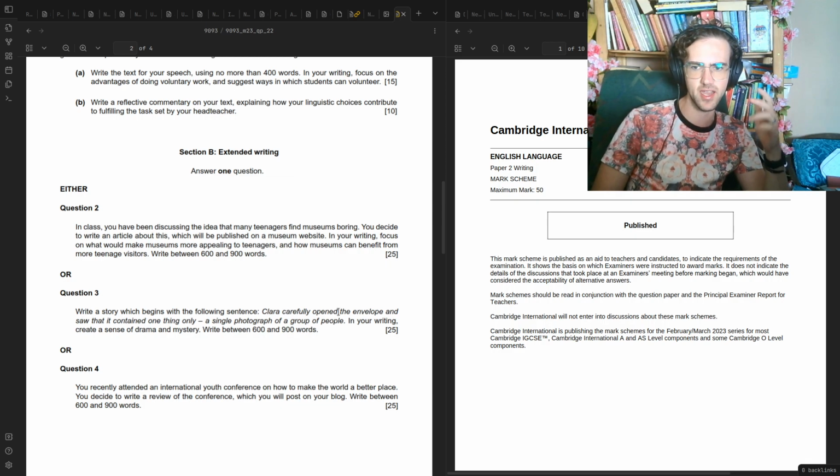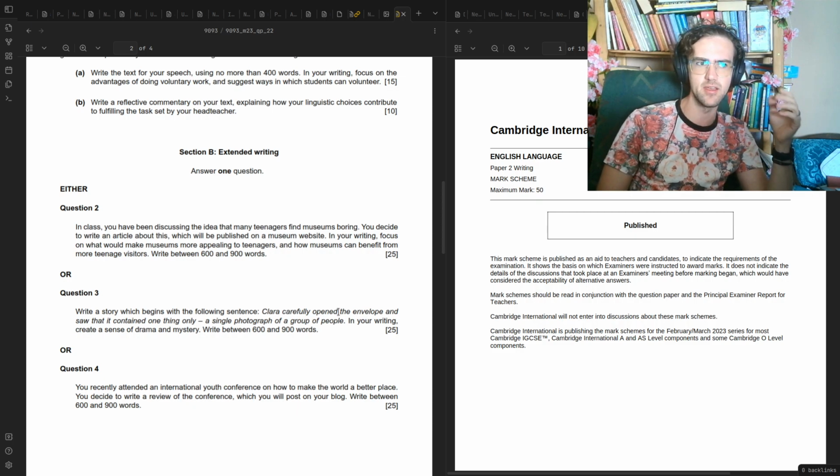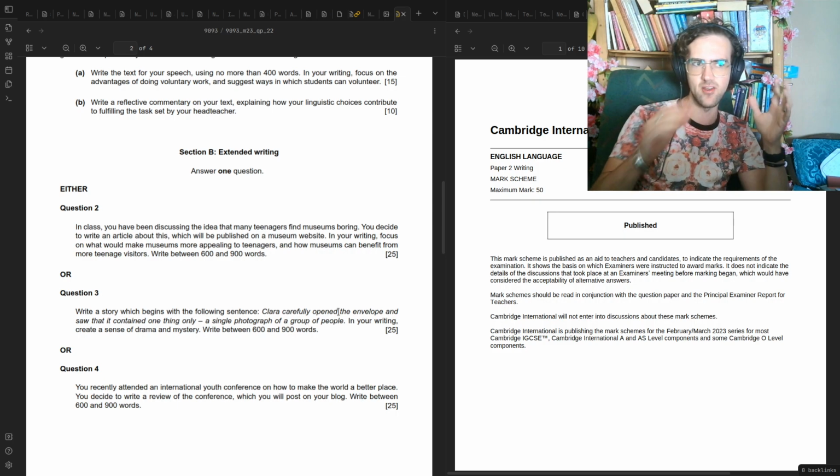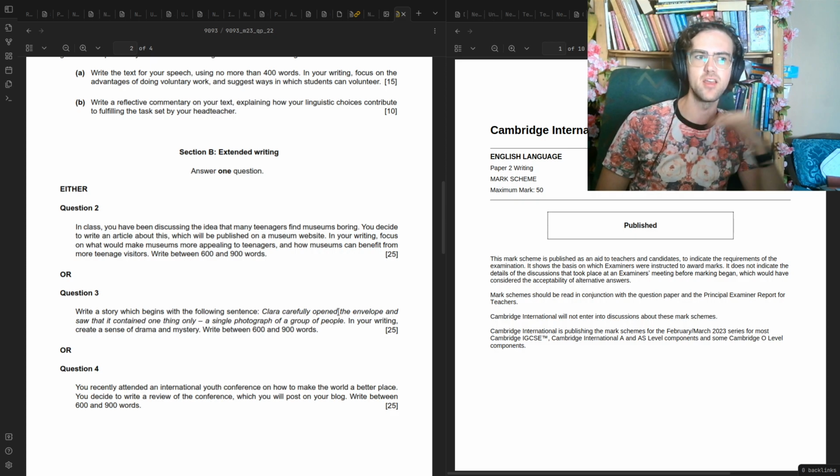So I can say, okay, Clara is going to be played by Annabeth, or Clara is going to be played by Percy, or whoever I want to have Clara be played by. And I look at how would Percy react in that situation, and I draw the story from there. That's personally how I do it, because I don't have time in my exam.